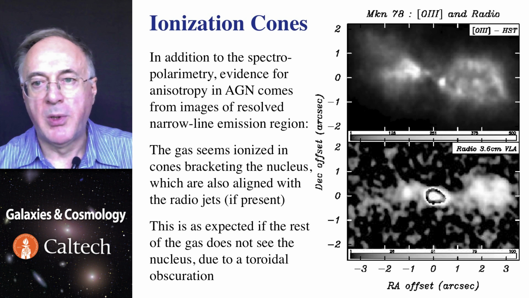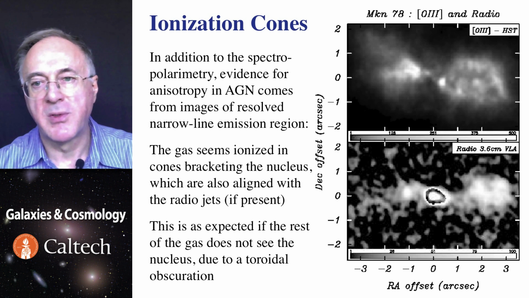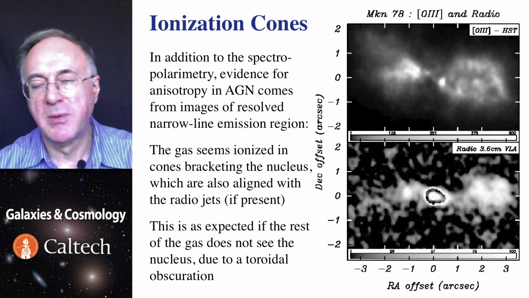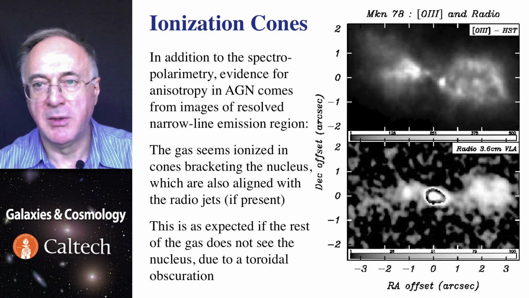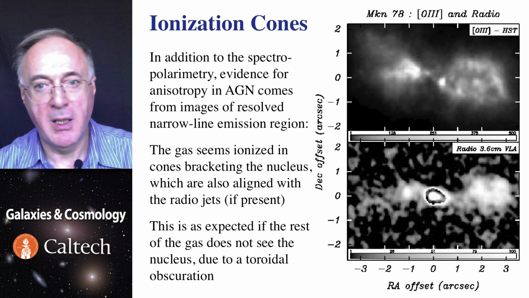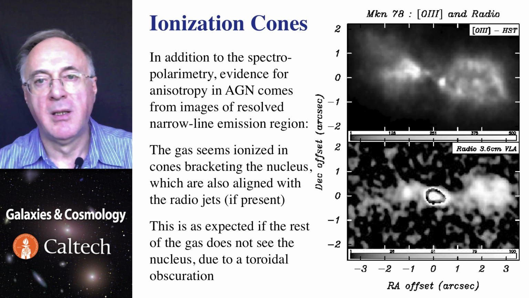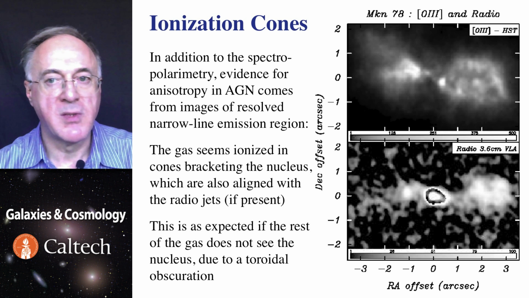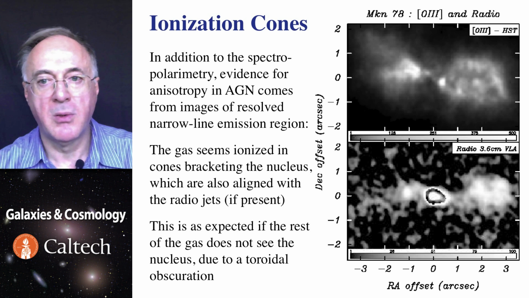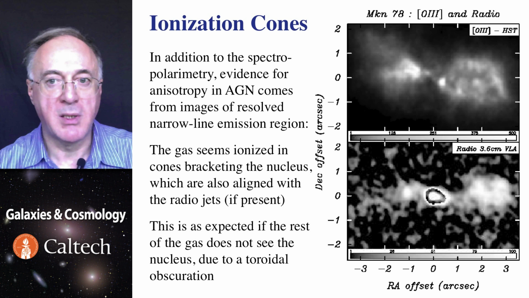In addition to polarization, we should be able to see dual cones of ionized gas. The gas along the torus plane will be shielded from ionizing radiation from the accretion disk, but the gas in the opening angles will see it and will become more ionized. And indeed, Hubble Space Telescope images of some of the nearby Seyfert galaxies show ionization cones of ionized gas, just like this picture predicts.